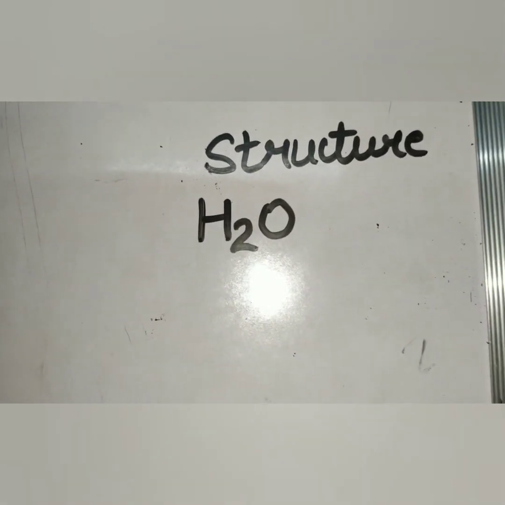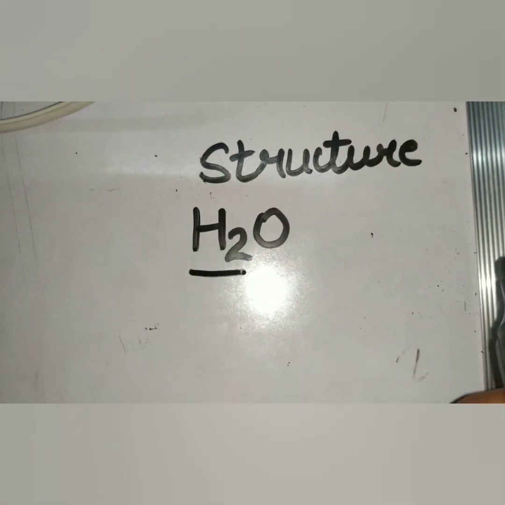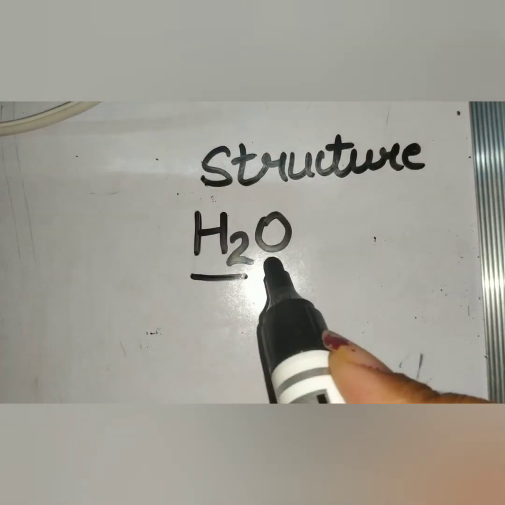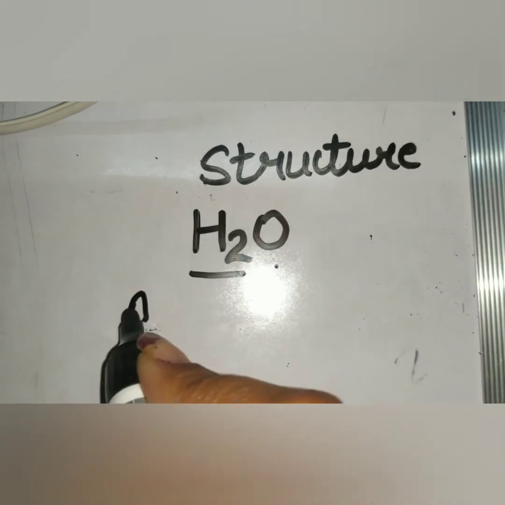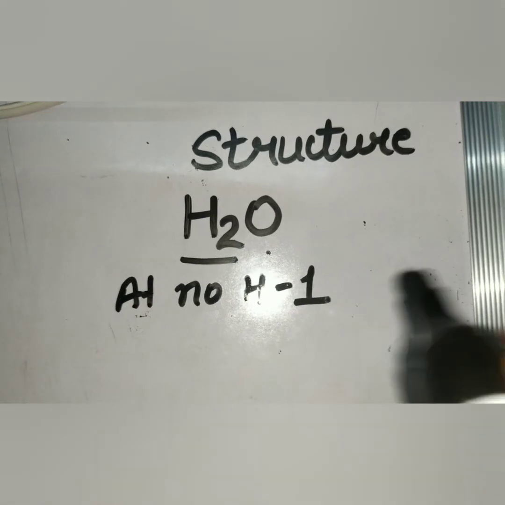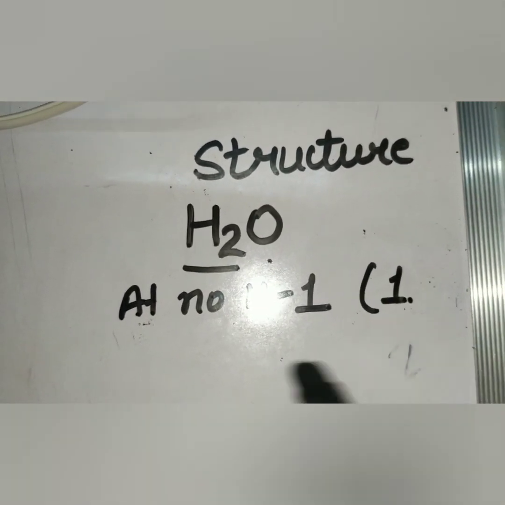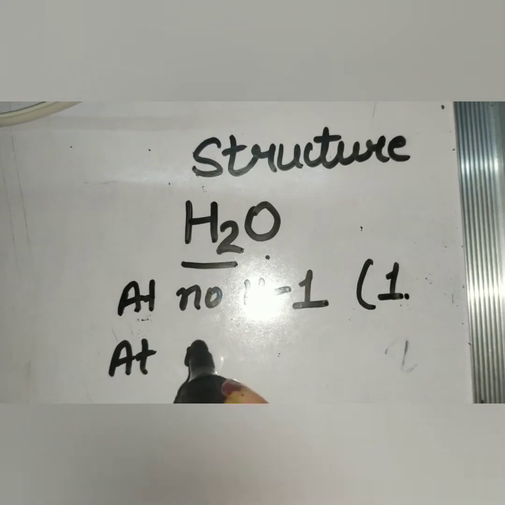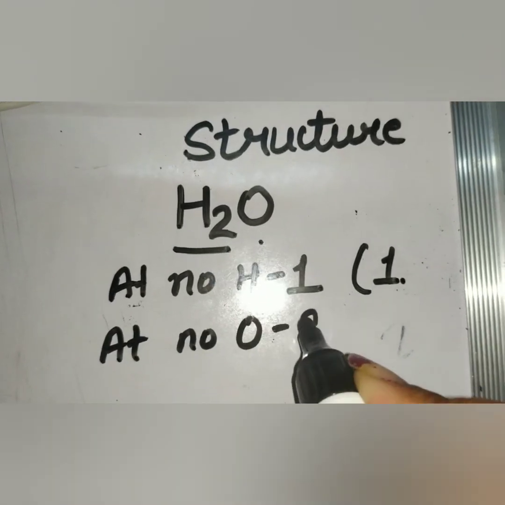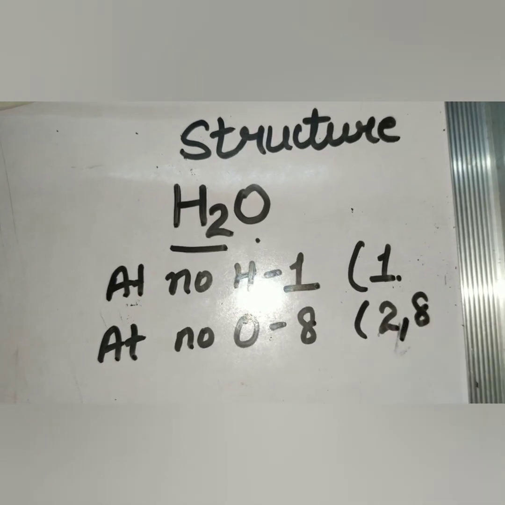Structure of water. In a water molecule, there are two atoms of hydrogen and one of oxygen. The atomic number of hydrogen is 1 and the electronic configuration is 1. And the atomic number of oxygen is 8 and the electronic configuration is 2,6.